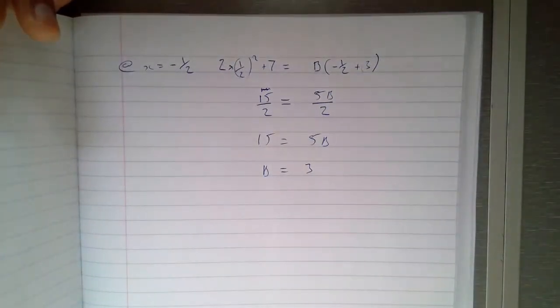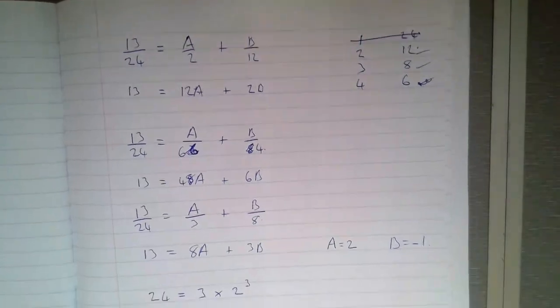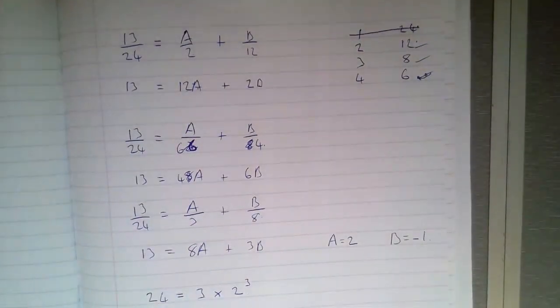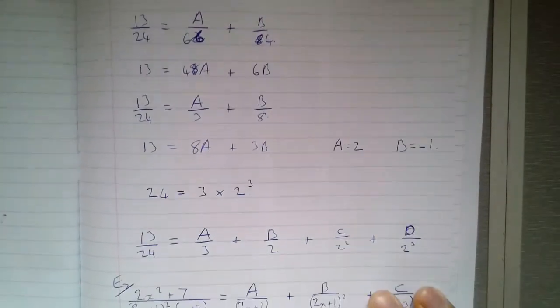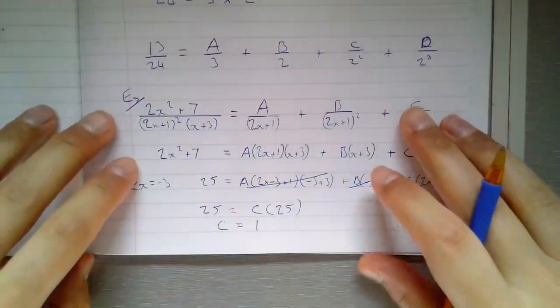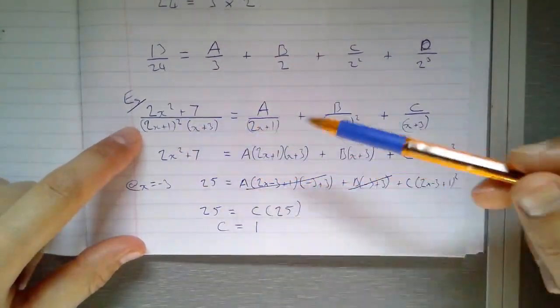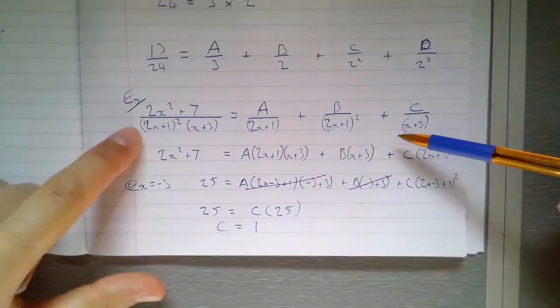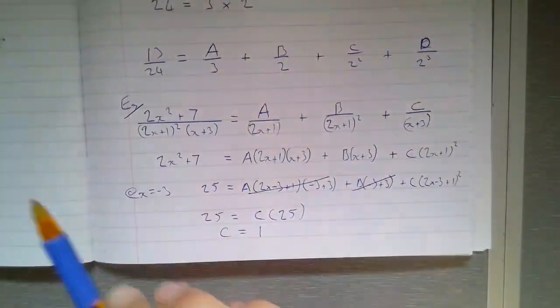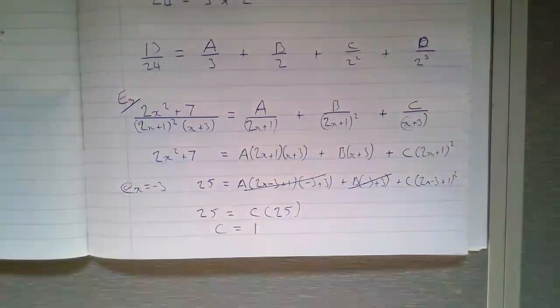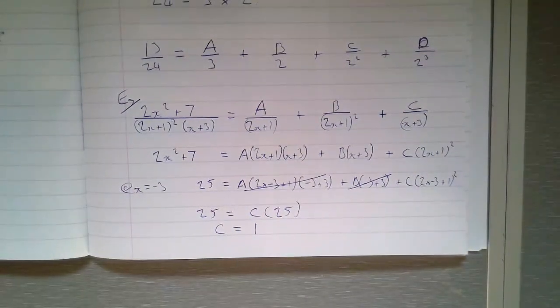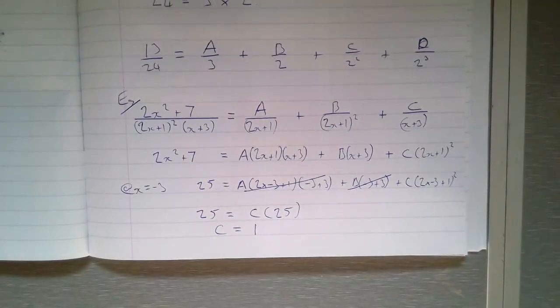Okay, so now we have a slight divergence from yesterday's procedure. We've already had one divergence, which is the repeated linear factors. So this idea of repeated linear factors, we have to do it this way. Because of these repeated linear factors, we also get a second problem, and that is when we're trying to find our third unknown.